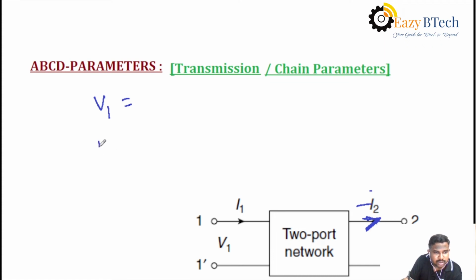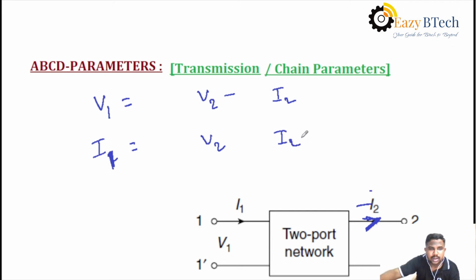The standard equations are in terms of V1 and I1, that is, input port parameters. What is V1? Input port voltage. What is I1? Input port current. That's why we have to find V1 and I1 in terms of output port voltage and output port current, that is, in terms of V2 and I2.